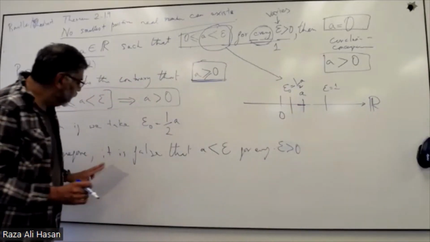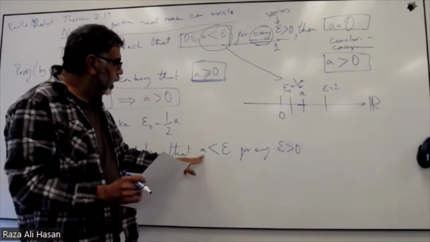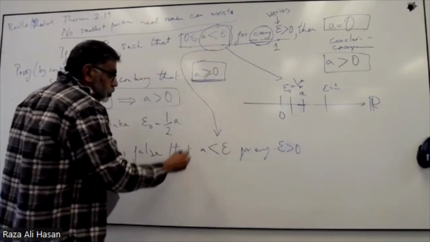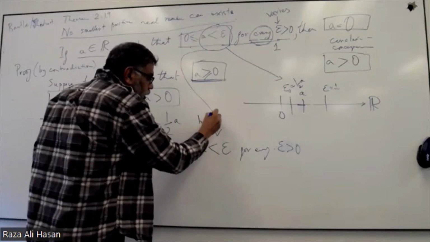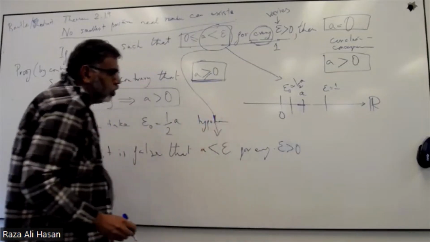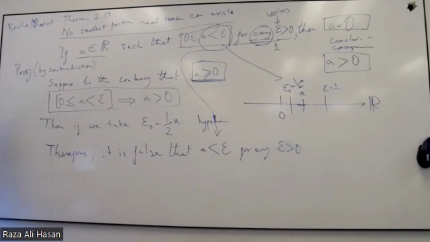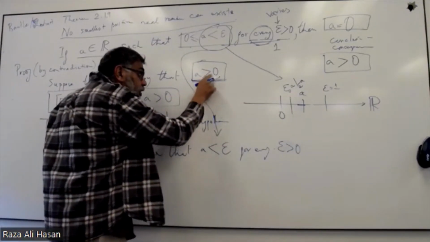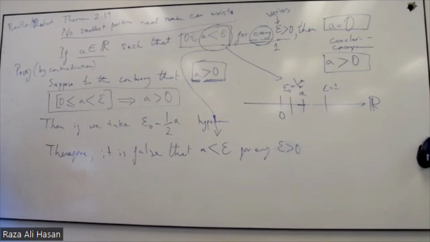So this is saying that this hypothesis becomes false for every epsilon when we choose this consequent or conclusion.